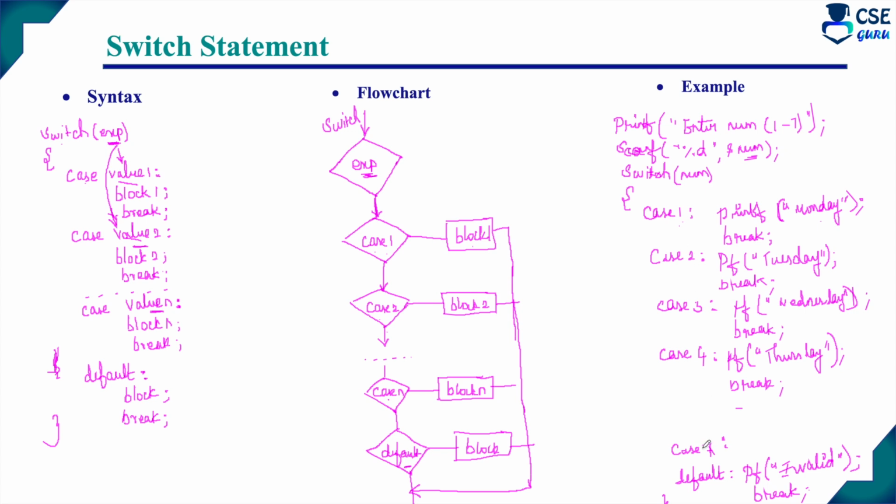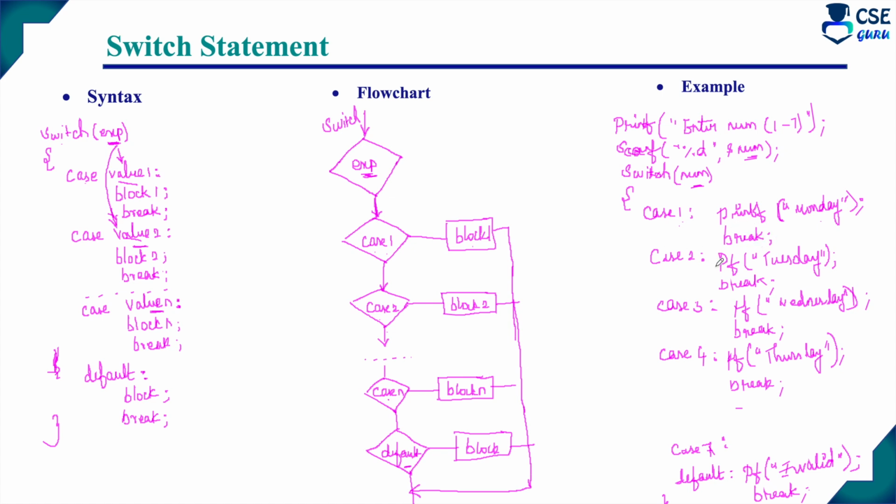So up to 7 alternatives it will check. If it matches, it will print the corresponding day. If it does not match, automatically it goes to the default part and prints invalid number. Here we can specify many alternatives. When this expression matches with a particular alternative, only that particular block of statements will execute.